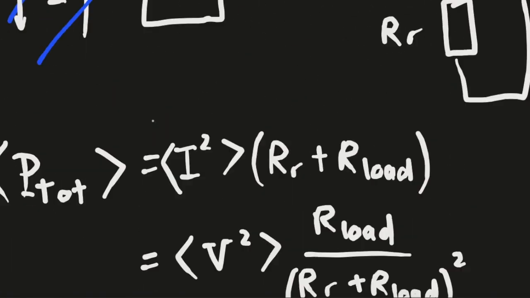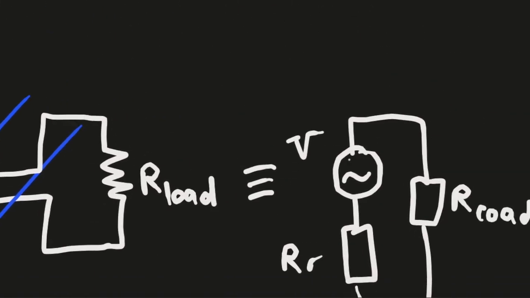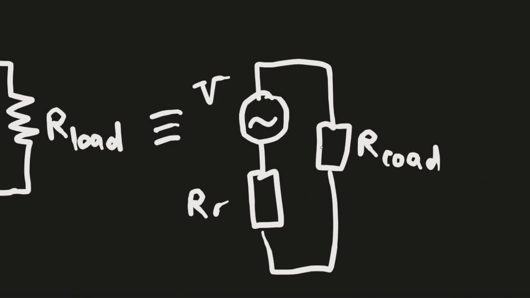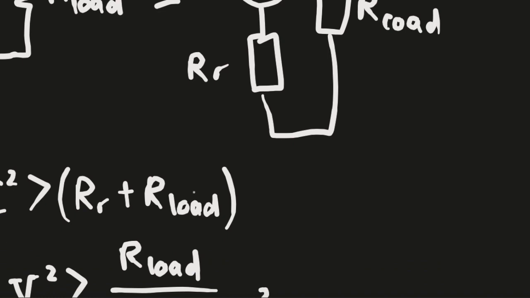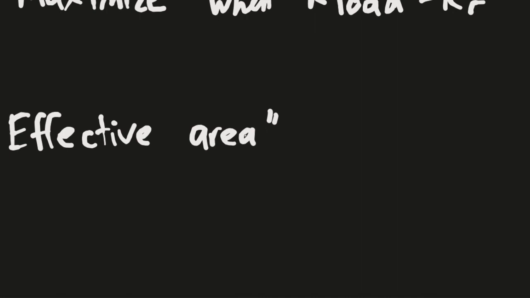So now let's define an effective area of my antenna. Well, actually, if it's infinite resistance, then it becomes a voltmeter, doesn't it? So you're finding the potential difference of your induced EMF. So it's not actually zero dissipated power, but it is minimized.